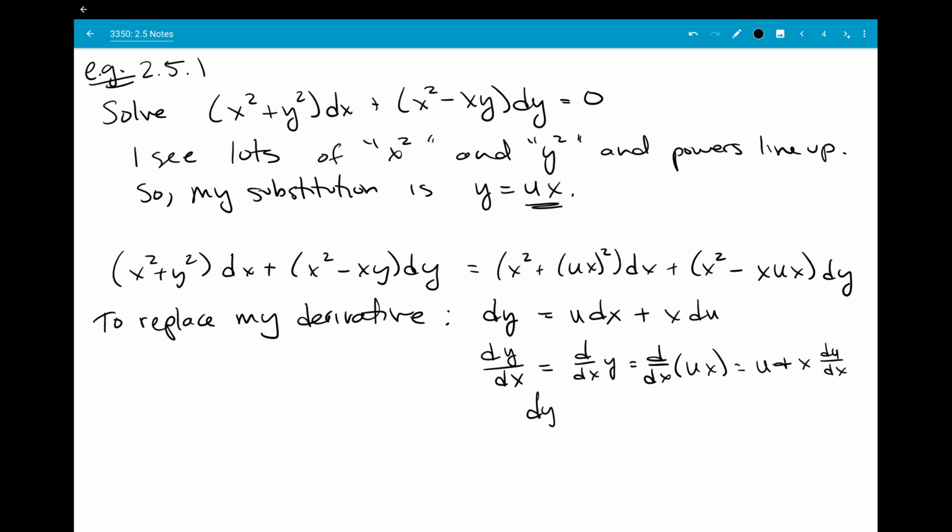And then I can rearrange this as dy equals u dx plus x du by quote multiplying by that dx, if you're not comfortable with the differential form of taking that change of variable derivative.